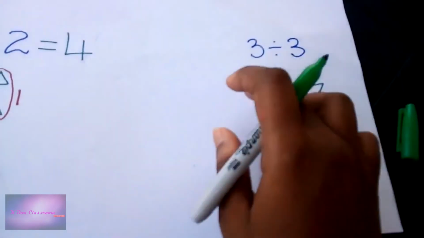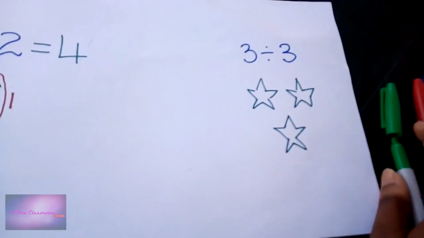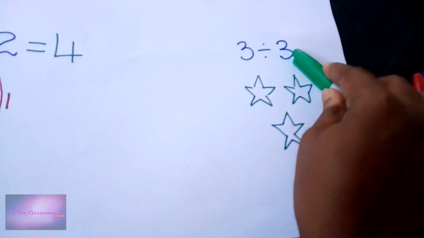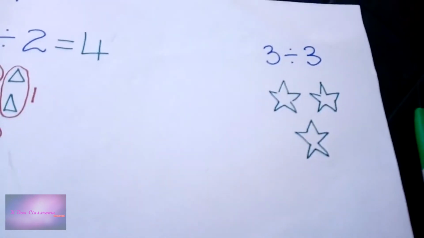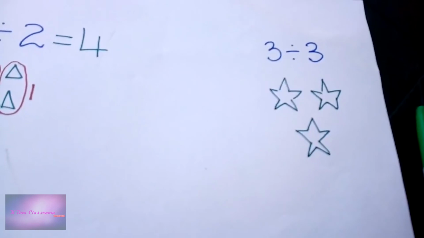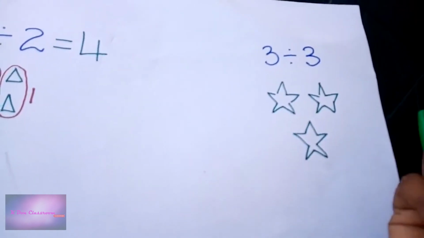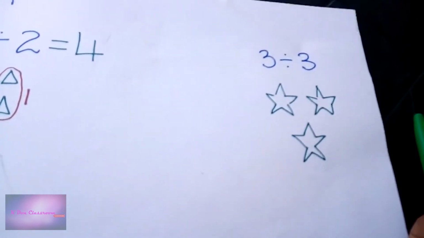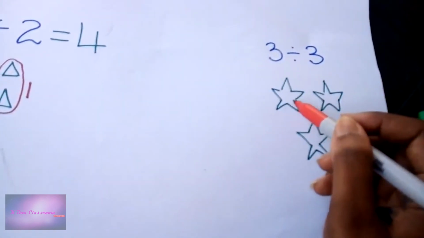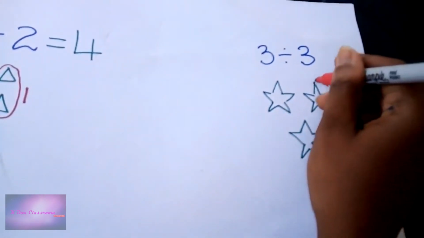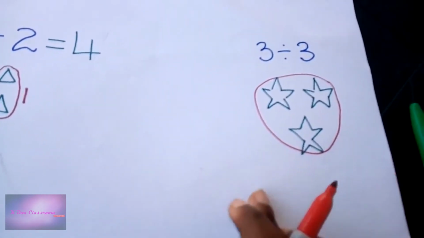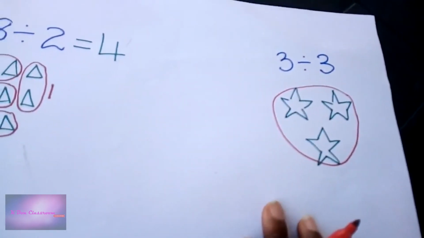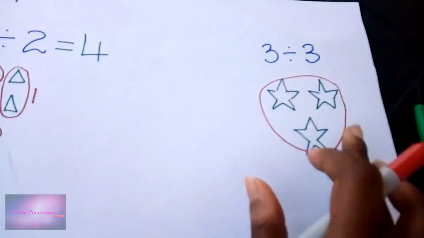So I have 3 stars and I'm grouping it into groups of 3. So it means that I'm going to count 3 and then circle it to show that I have grouped them. And you do this until there's no more to group. 1, 2, 3. That's one group. I do not have any more stars, so it means that I have finished dividing.